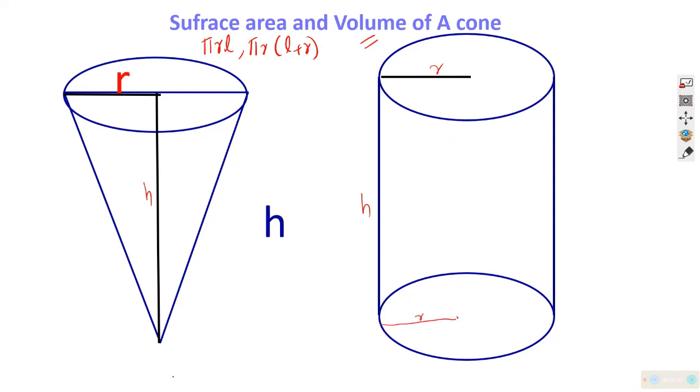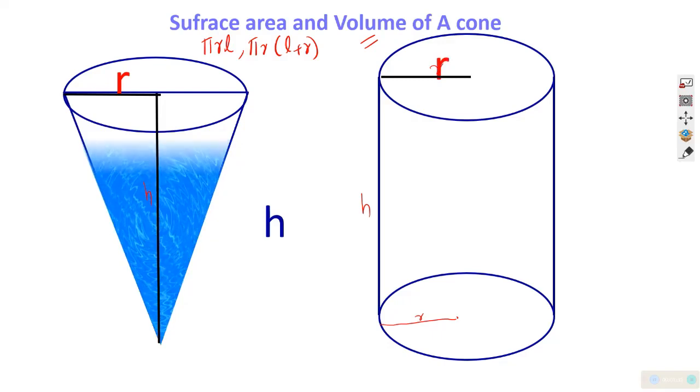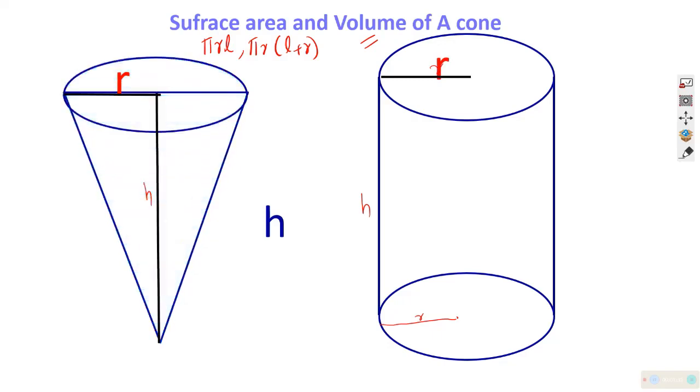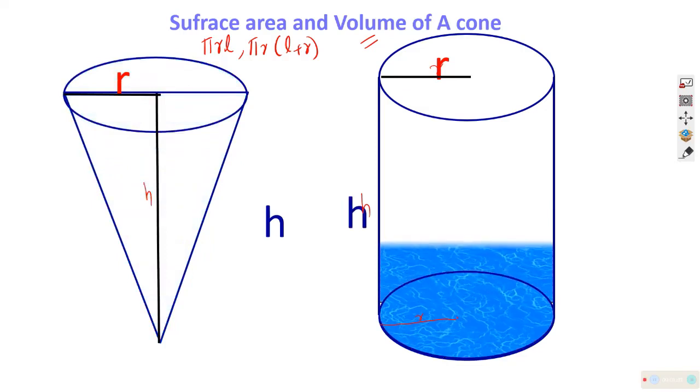A cone has a tapering end, and a cylinder does not have it. A cylinder has two circular ends, top and bottom. Now what we are going to do is fill up this cone, having the same height and same radius, with water, and pour that water into this cylinder.